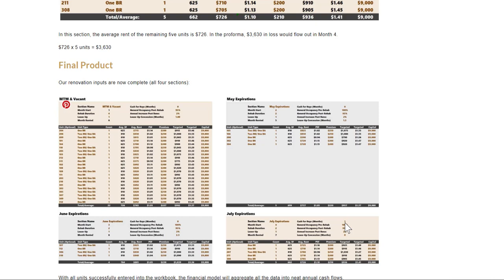In this particular example, there's actually leases that expire beyond July, but I'm assuming that we could convince the tenants to vacate early by July by giving them 1 month of the average rent, which in this case is $726. So by paying these 5 units $726 a piece on average, you pay unit 201 $725, 202 you pay them $710, and you could get them to vacate, so you could take care of these expirations and then knock them out in July.